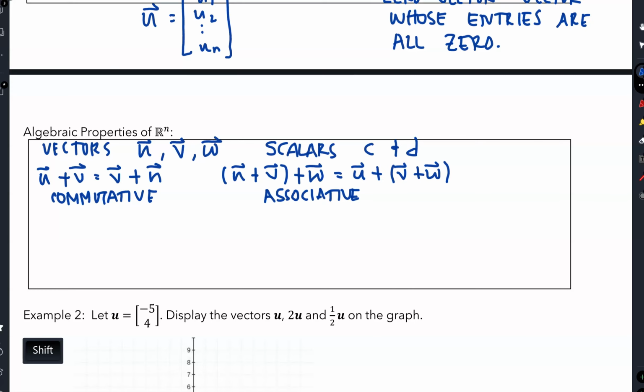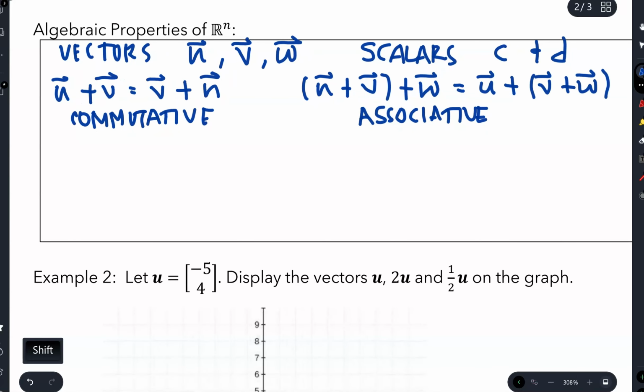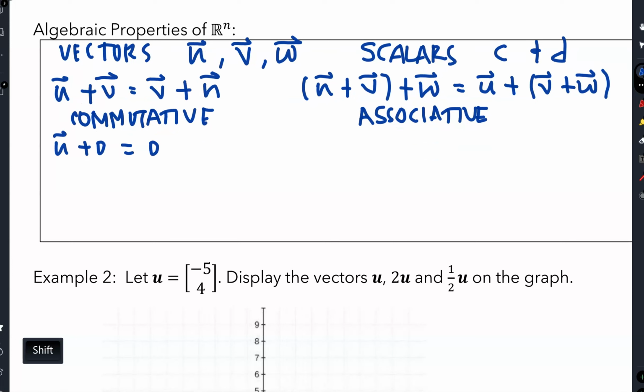If I add the 0 vector to u, it's the same thing as taking the 0 vector and adding u. It's just going to give me back my u vector, and that's the additive identity.